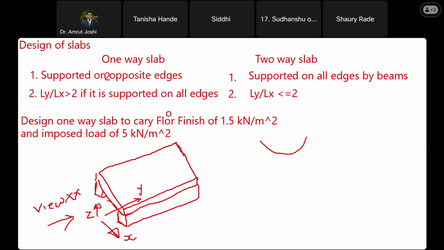When I view from this side, I see the XY plane, isn't it? Sorry, the XZ plane. This is X, this is Z. And how does this slab bend? It bends something like the diagram I have shown.